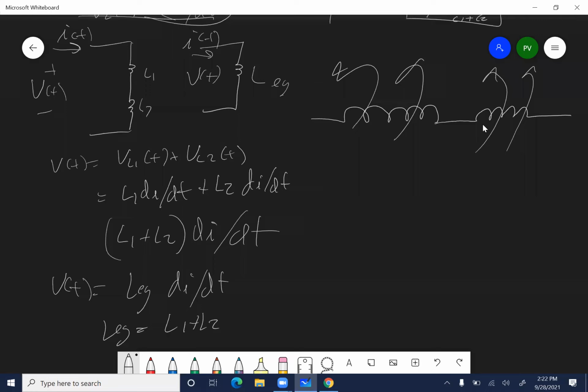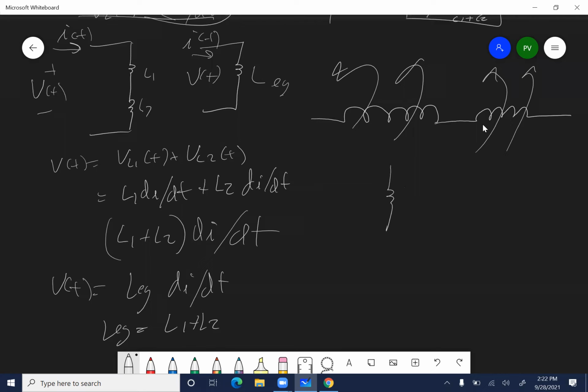So its inductance, its ability to create a magnetic field, has increased. Just from a practical standpoint, you may perhaps be able to see that.